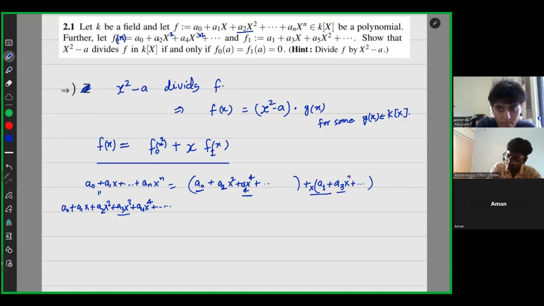If we change to x square here, then these are also squared. So what we are getting is f of x is equal to f0 of x square plus x times f1 of x square.